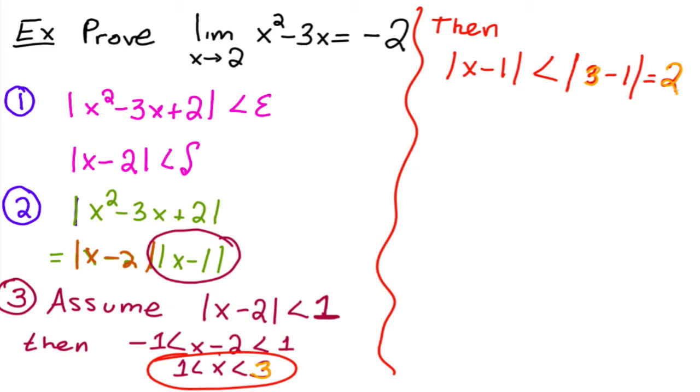Okay, so if |x - 1| is less than 2 by this assumption, then what that means is that |x - 2| times |x - 1| is less than 2 times |x - 2|.